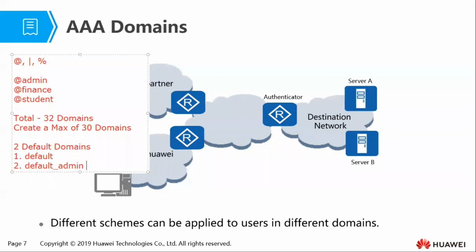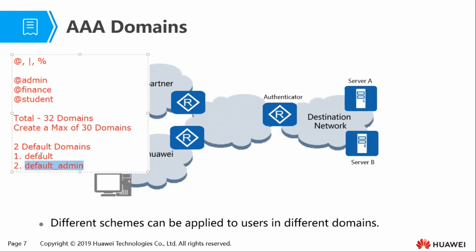So how do we know that this one is a network administrator? When you're trying to access network resources using some protocols such as Telnet, Secure Shell (SSH), FTP, and other terminals, we actually throw you into the default admin domain if you've not used any domain to log in.